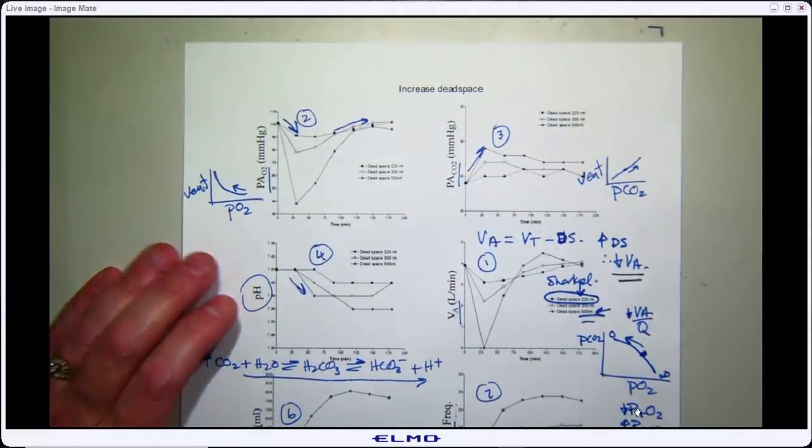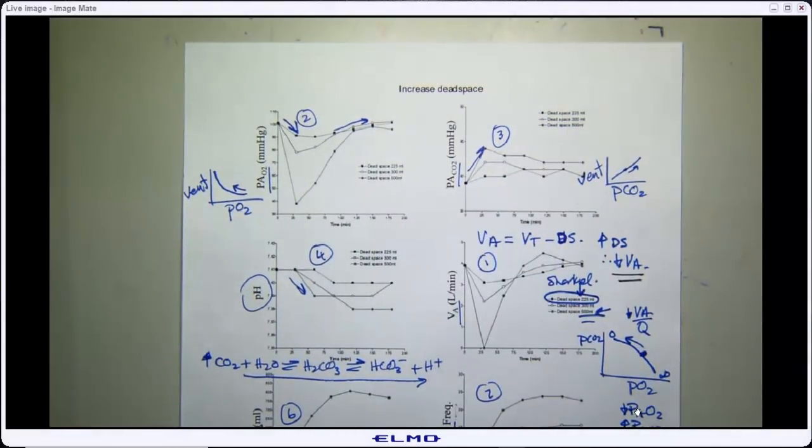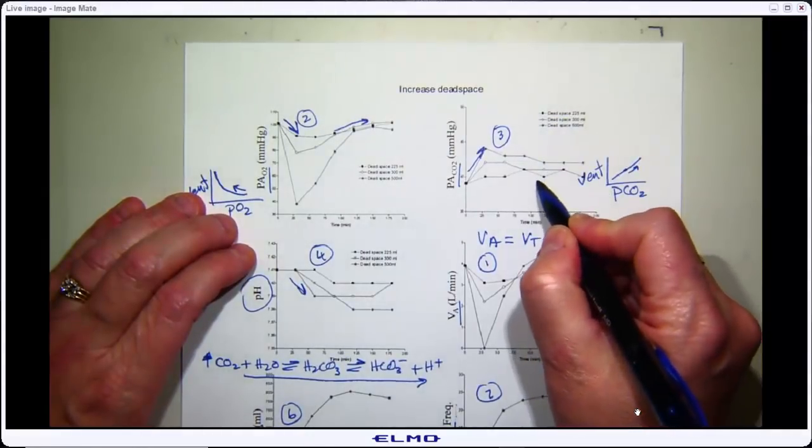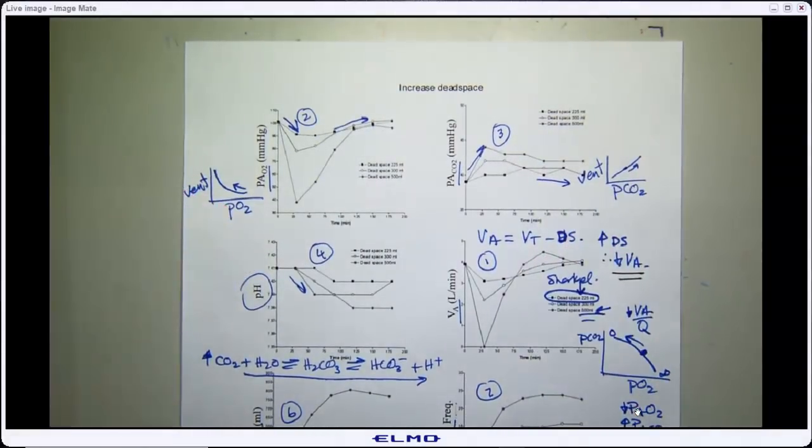If we look over time, you can see our oxygen gets restored back to normal, our CO2 gets restored back to normal. Okay, so we're starting to fix our problem.